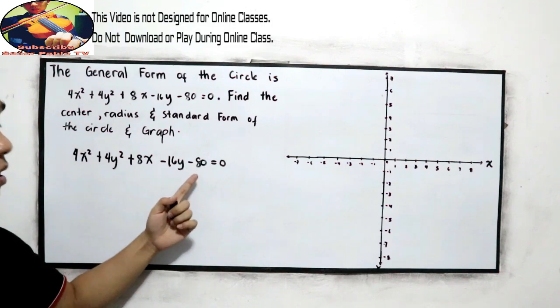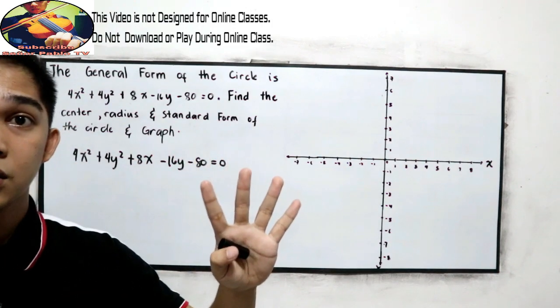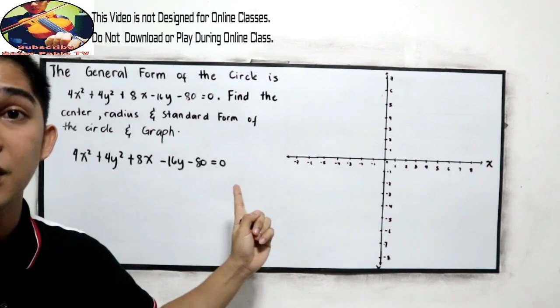Analyze our given. The equation is divisible by 4. So we can reduce our given equation.